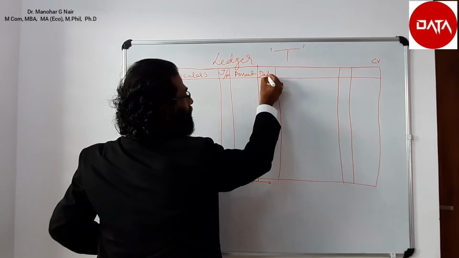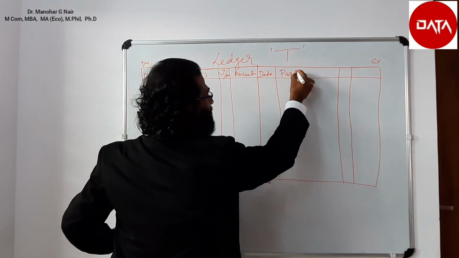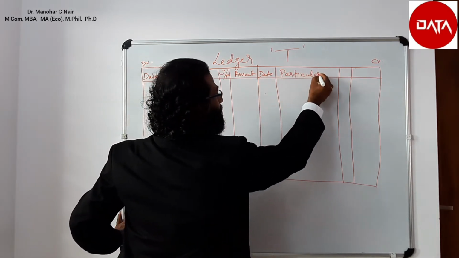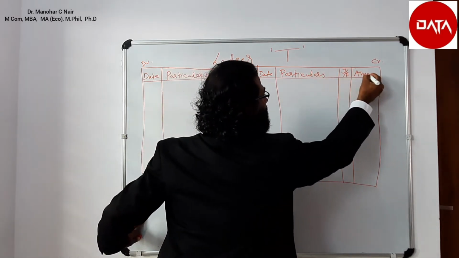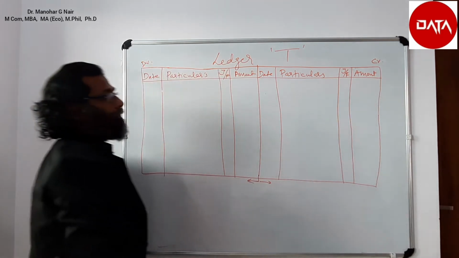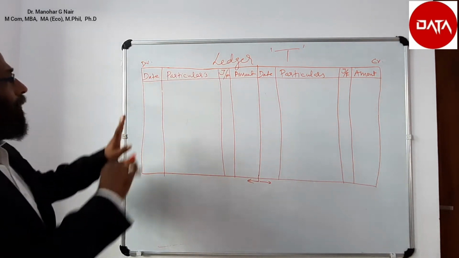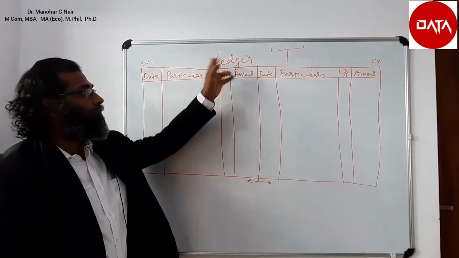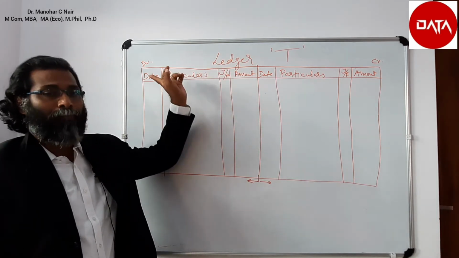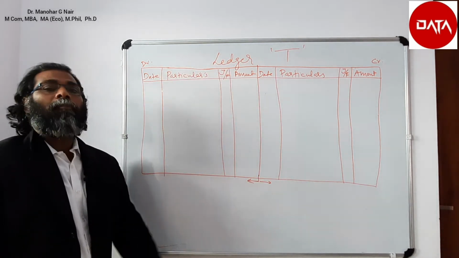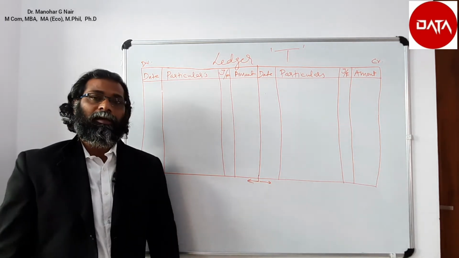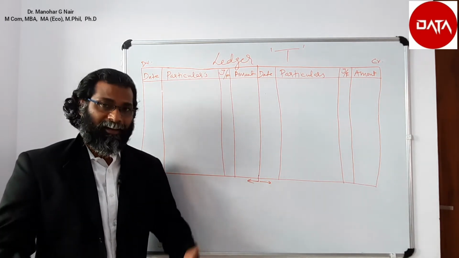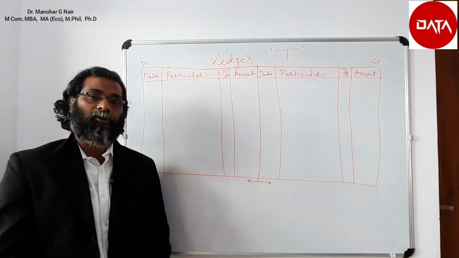Similarly, on the right side also: date, particulars, journal folio, amount column. This is the simple format of a ledger. It will have a title, meaning the name of the account, maybe cash account, capital account, machinery account, creditors account, debtors account, like that.